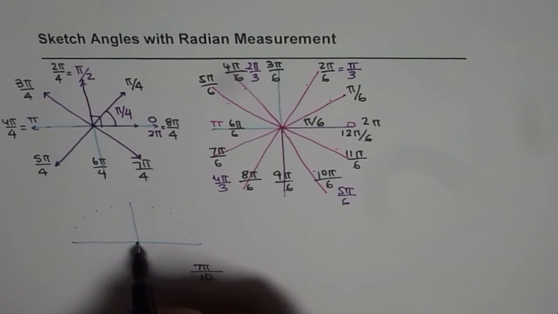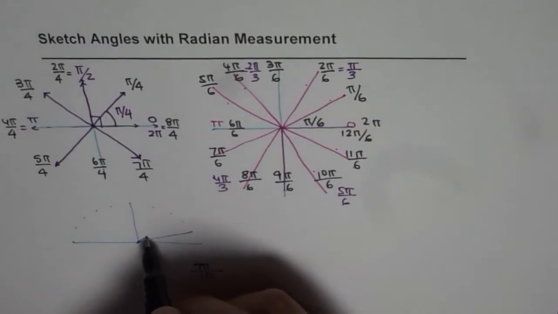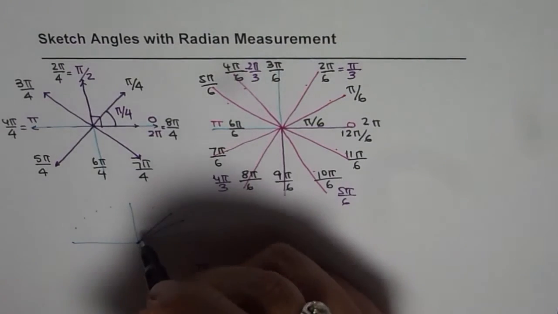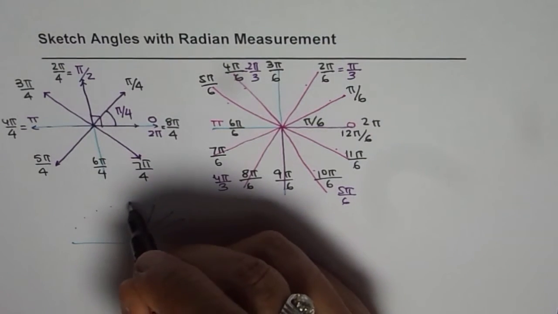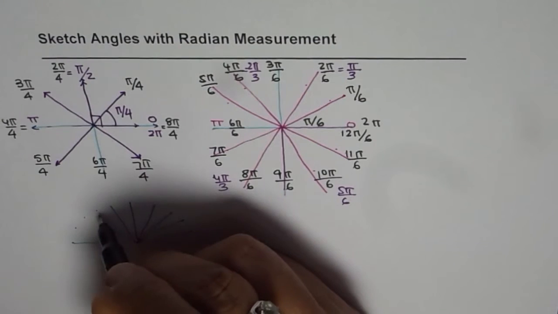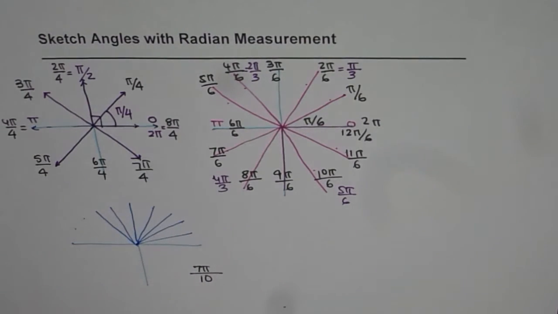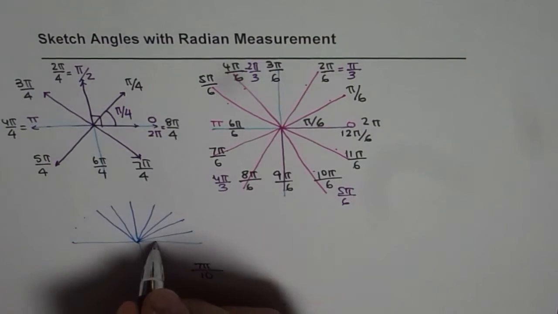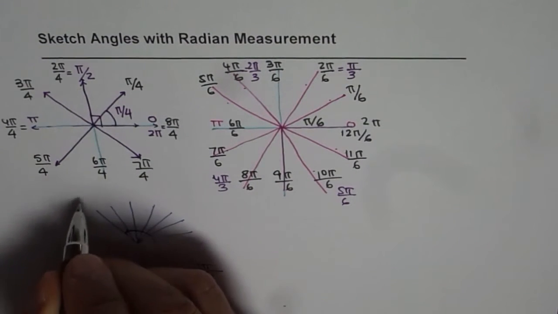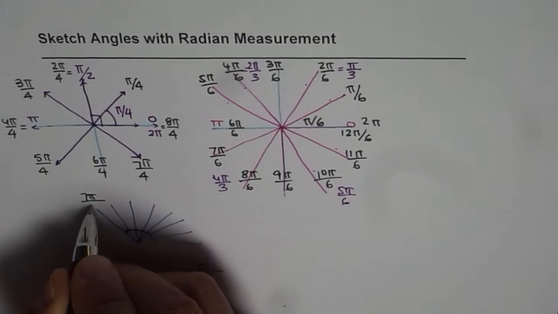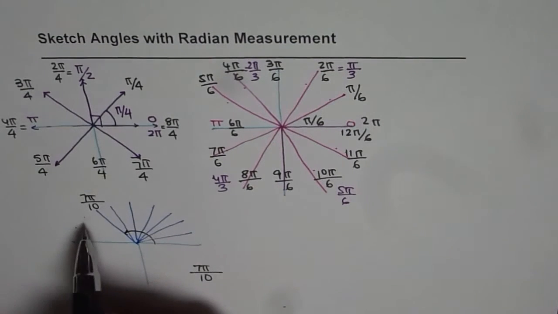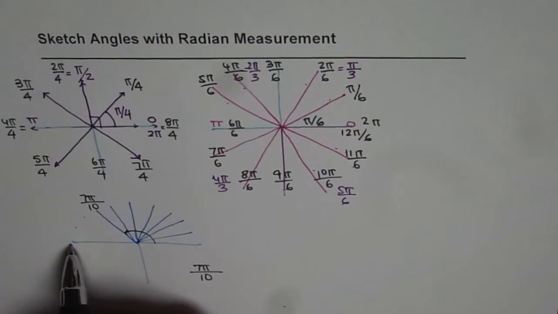So we have 1, 2, 3, 4, 5, 6, and 7. If I say 7 pi by 10, then I mean that the angle is from here to there, right? So that is my 7 pi by 10. Then 8, 9, 10. 10 pi by 10 will give me pi.